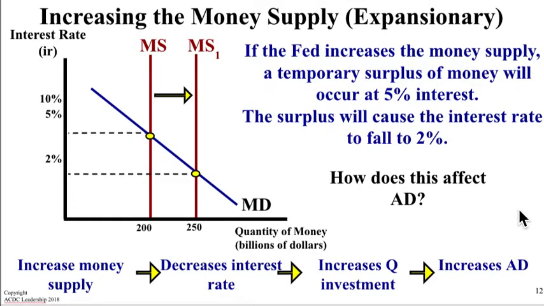Because remember, we're connecting not just fiscal policy, but also monetary policy to aggregate demand. So if we have a decrease in interest rates, you all might already be connecting this to investment. And so if we have a decreasing interest rate, people want more quantity of investment, and then that will increase AD overall, because remember, AD is made up of the equation C, I, G, and NX: consumer spending, investment spending, government spending, and net exports.